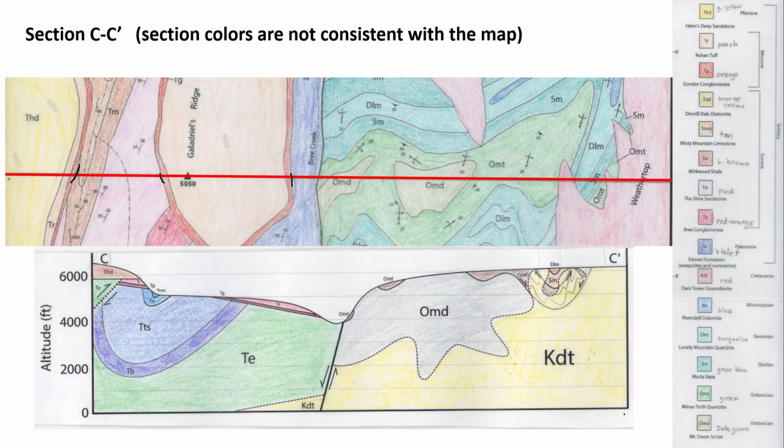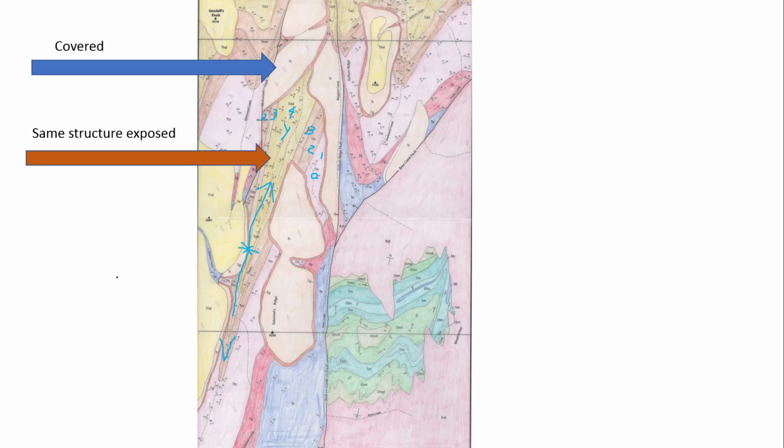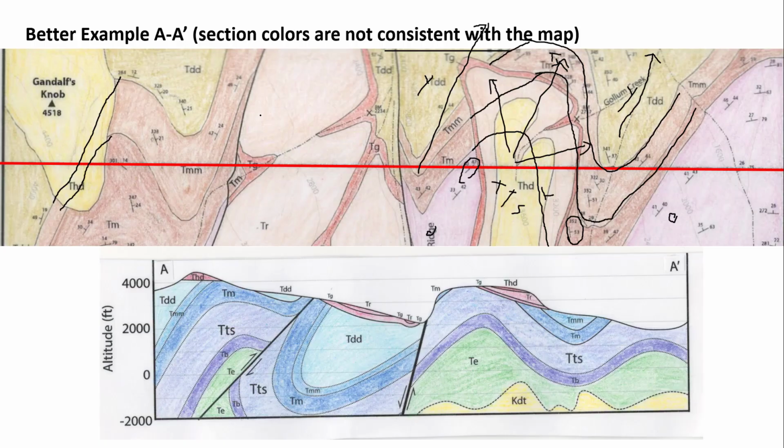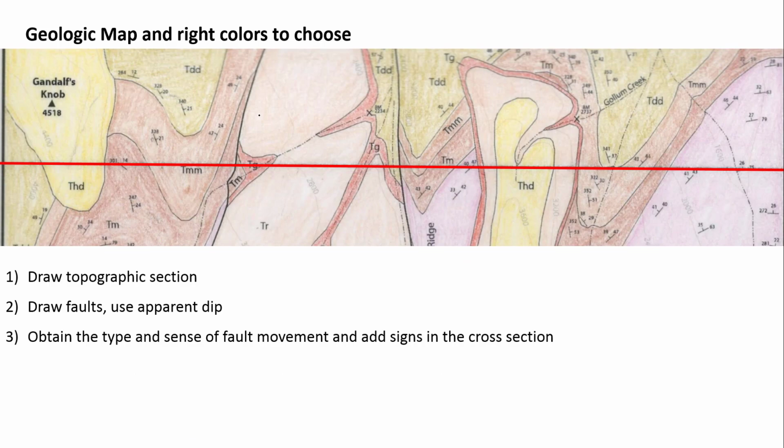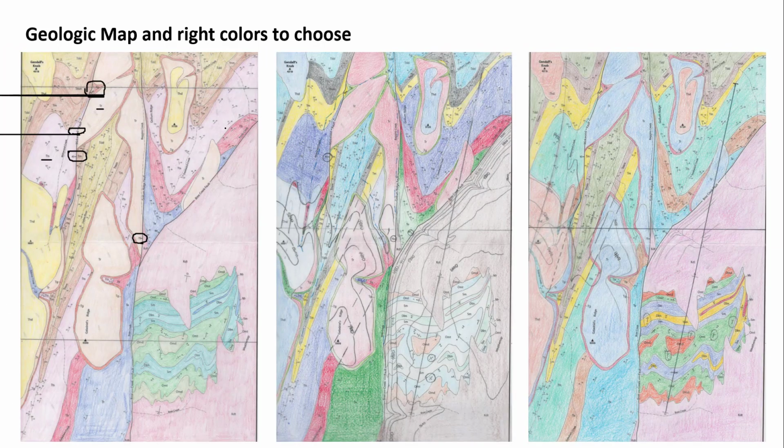And of course, you see, for instance, here one fault is just covered by the unconformity. How does this student know there is a possible fault below the unconformity? Because she looked at the big picture. Let me clean up everything.